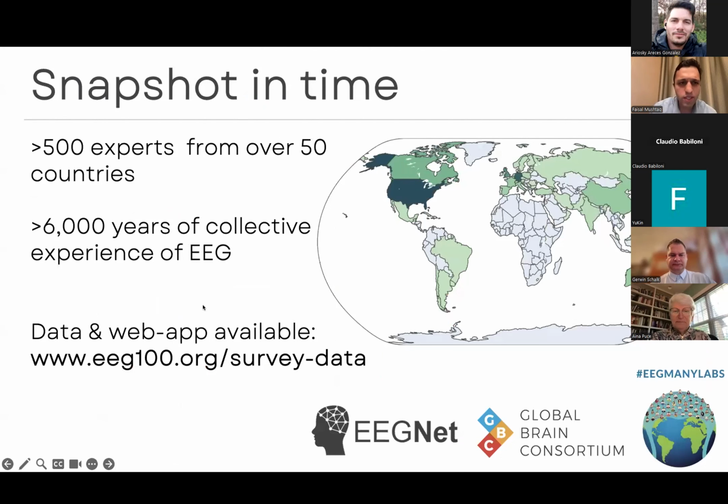And so when this anniversary started to come around, what we wanted to do, as a community of people related to EEGNet, Global Brain Consortium, and EEG Mini Labs, which are all international initiatives that you've either heard of over the last couple of days or may hear about in the coming sessions, is come together and ask how we can mark this seminal moment in time, the same way that all those amazing ideas were captured in 1930, following the publication in 1929.